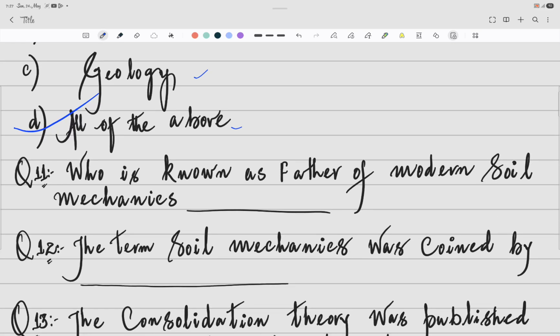Question number 11 is: who is known as the father of modern soil mechanics? The father of modern soil mechanics is none other than Dr. Carl von Terzaghi.